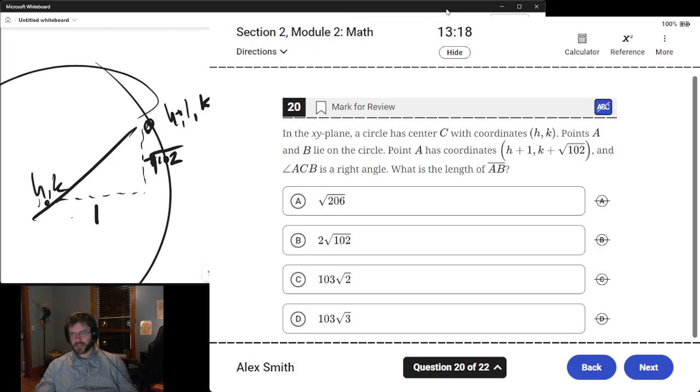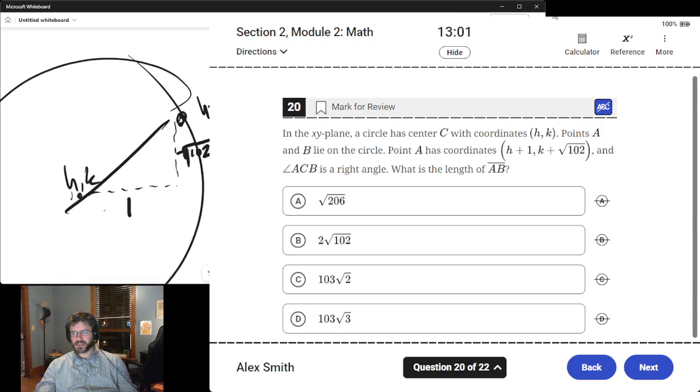ACB, A and B lie on the circle. Wait. I don't see how that plays in here. I need to envision this. So point A has these coordinates.